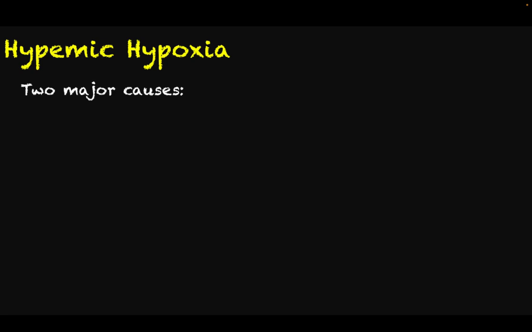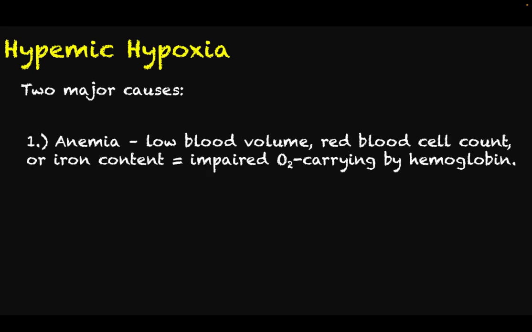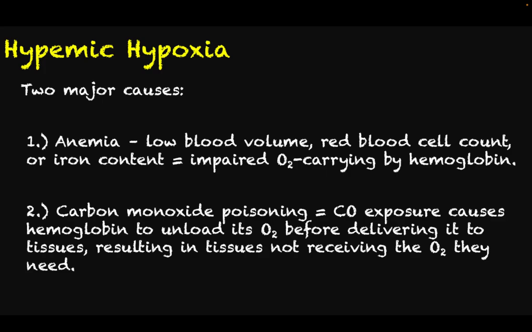For hypemic hypoxia, there are two major causes. Number one is anemia, which can refer either to a low blood volume, a low red blood cell count, or a low iron content. And any one of these implies an impairment in the ability of hemoglobin to carry oxygen throughout the body. Or alternatively, you can get hypemic hypoxia through carbon monoxide poisoning.